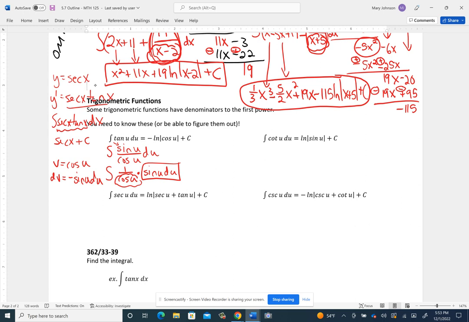All right. So I'm going to be able to do this usual thing that I did before, which is to divide by the -1 to get the sine u du by itself, and then make a replacement there. And what I'm really trying to integrate then is 1 over v times a negative dv. And so I'm trying to integrate something that is a log related deal. And so the answer would be negative natural log of v, which was cosine u, plus c.